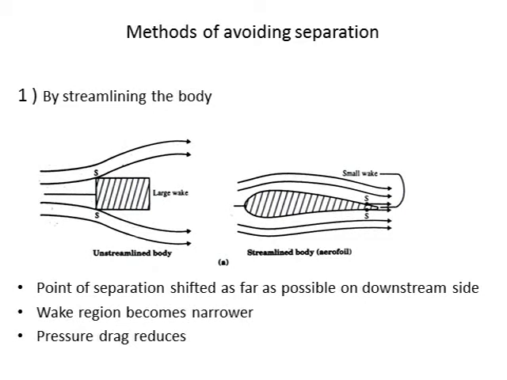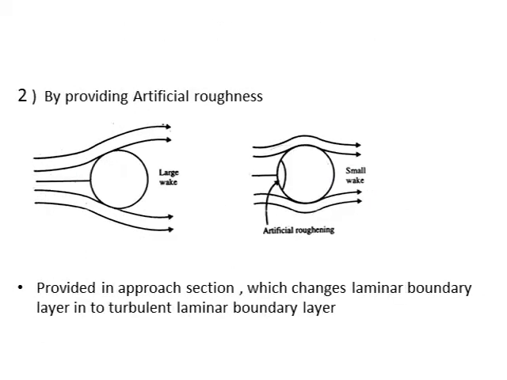By providing artificial roughness, you can see initially when the liquid flows, a large wake develops. Artificial roughening. In the second case, in the figure, you can see how rough the section is made.